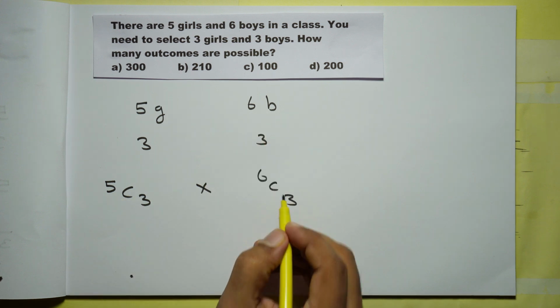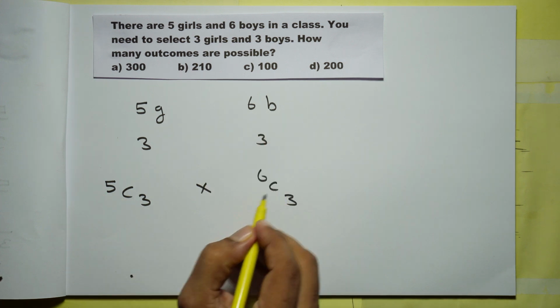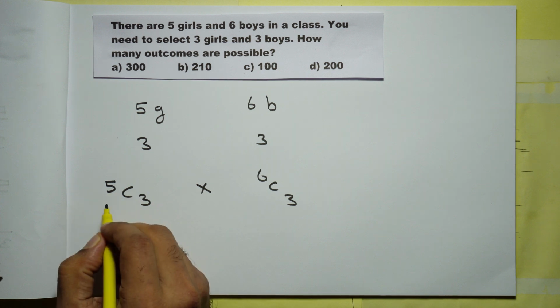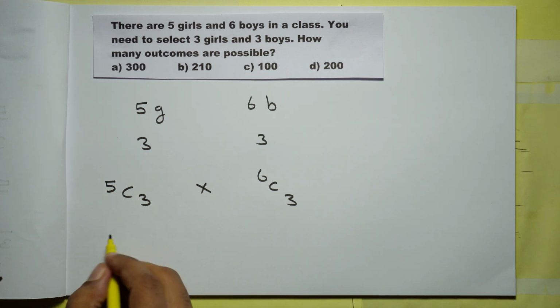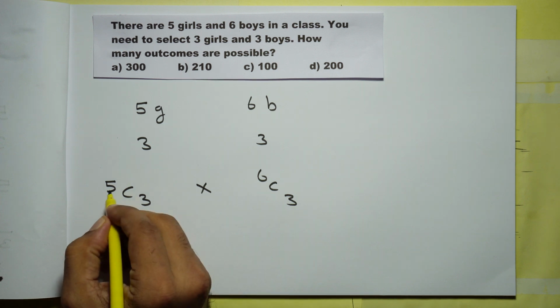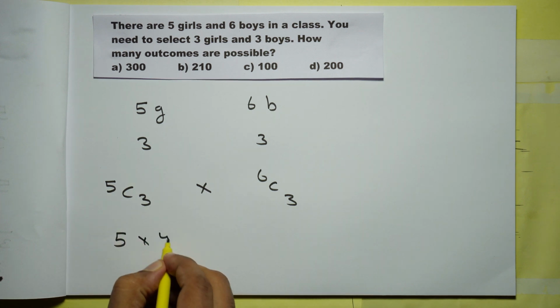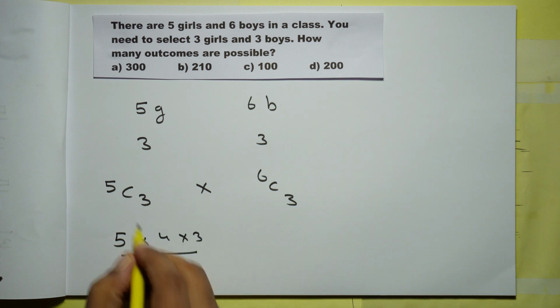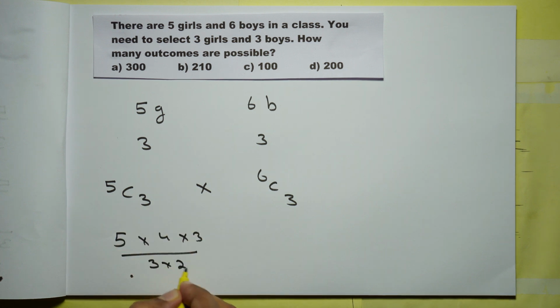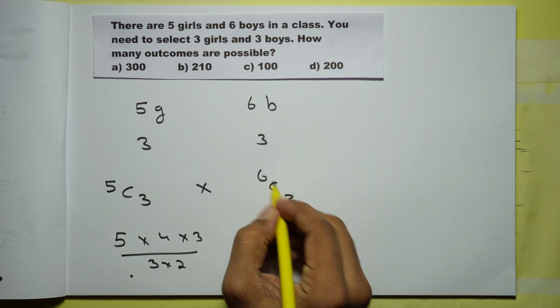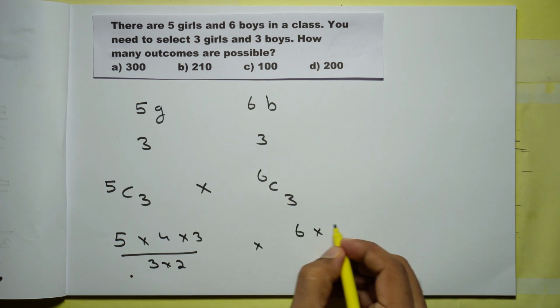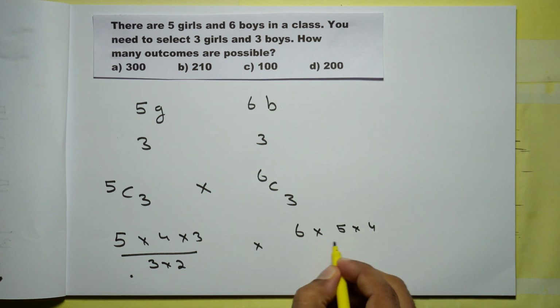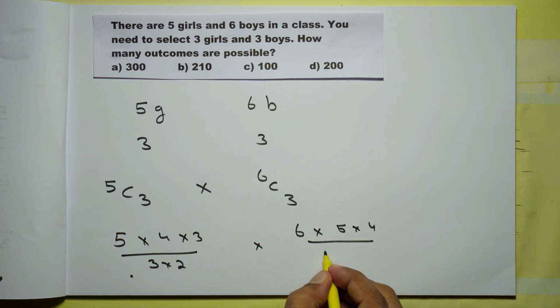We will use the shortcut method that was done in the previous question. To calculate 5C3, in the numerator there will be 3 terms starting with 5 and going backwards: 5 into 4 into 3, and in the denominator you have 3 factorial, 3 into 2 into 1. For 6C3, starting with 6 and going backwards 3 terms: 6 into 5 into 4, and in the denominator 3 factorial, 3 into 2 into 1.